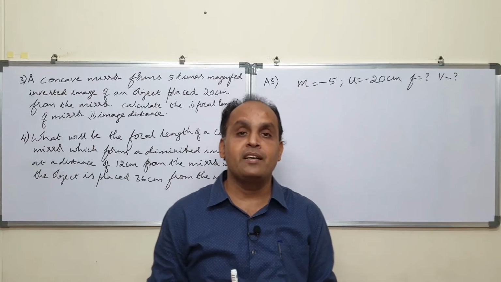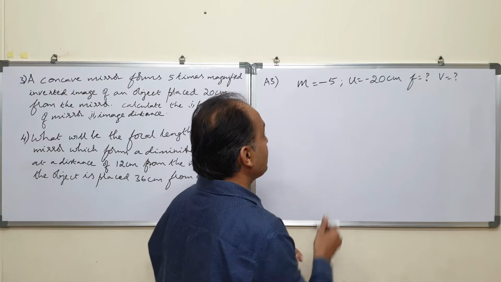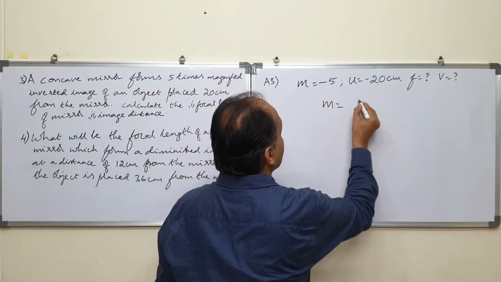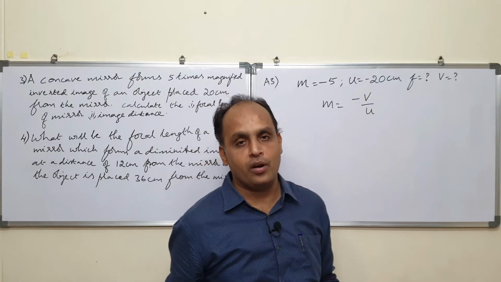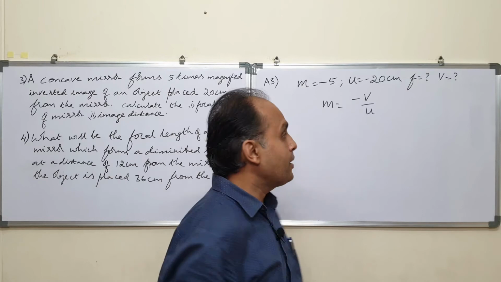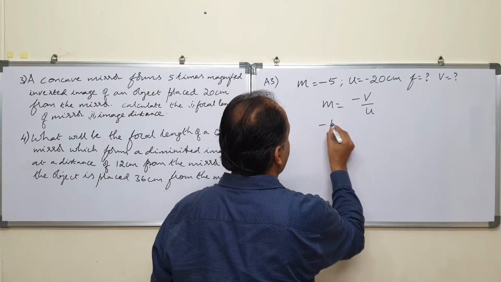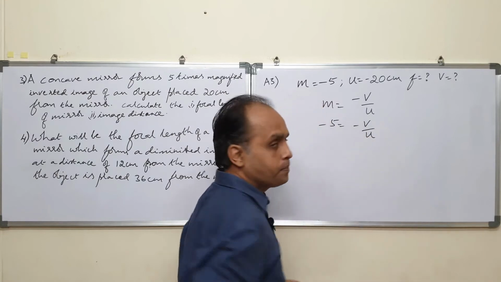For proceeding with this, we use the magnification formula, which is m is equal to minus v by u. hi and ho we do not include over here because those values are not given in the question. So m is given as minus 5, equal to minus v by u.